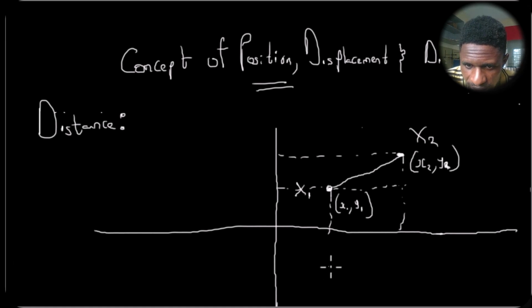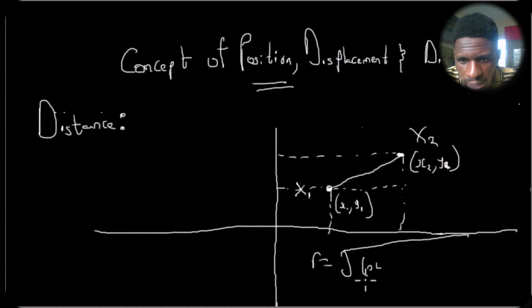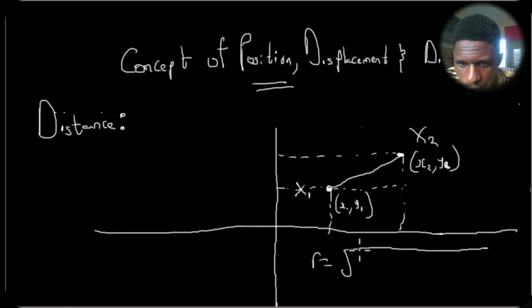So we'll just come here and say r will be equal to the square root of x2, let me write that properly, and let me draw my square root properly also. So if the distance between this place is called r, then definitely we would have x2 minus x1 squared plus y2 minus y1 squared.